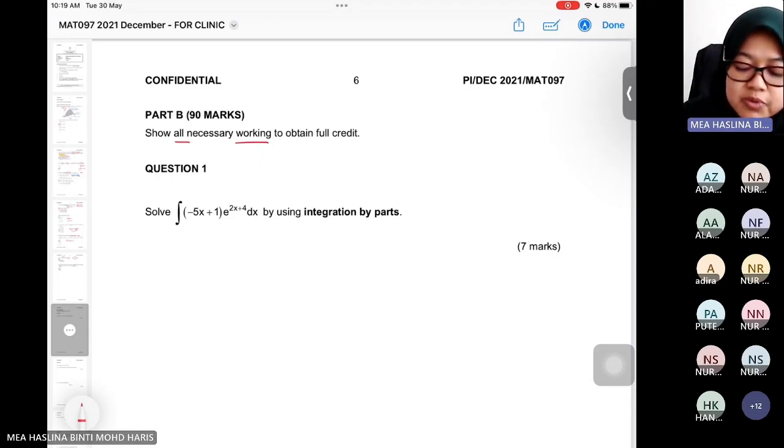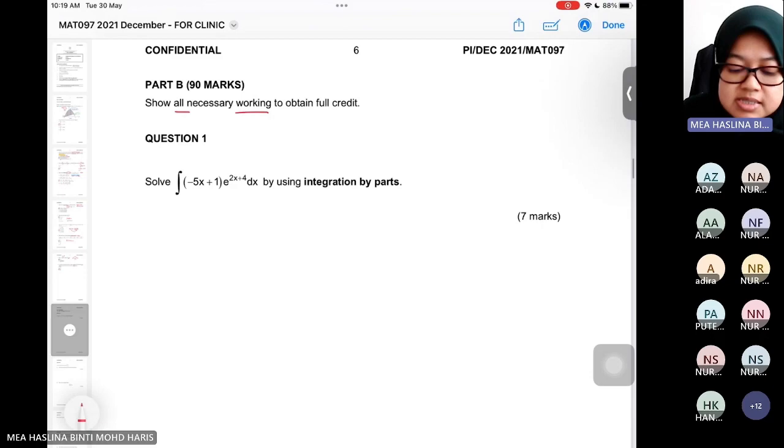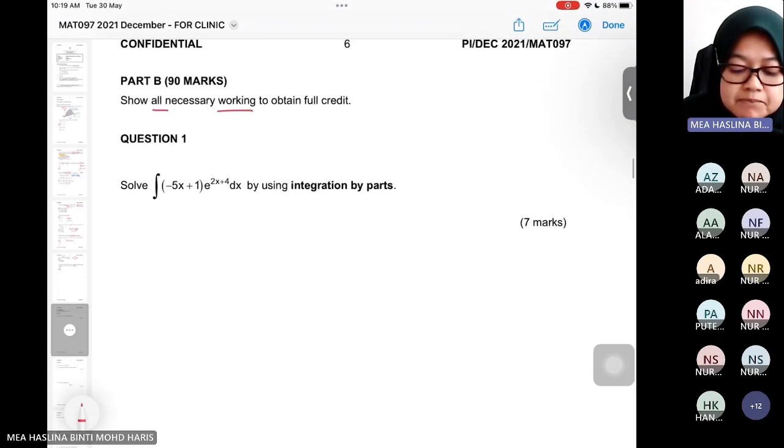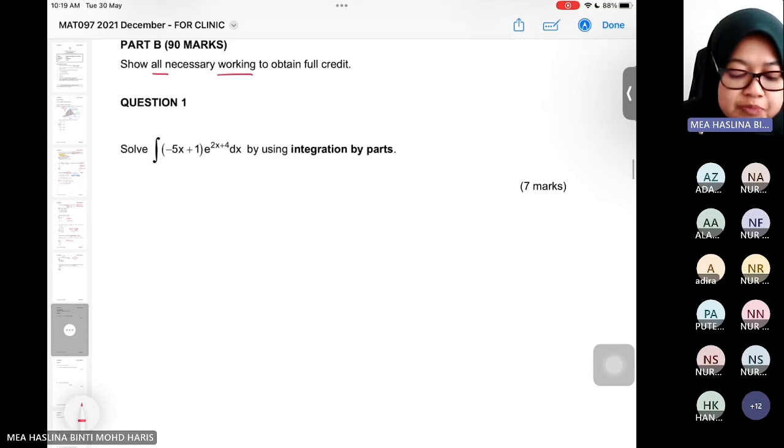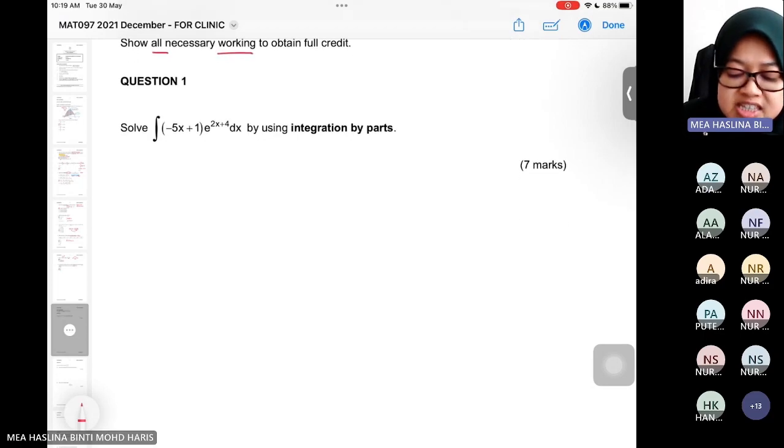You can start with the question that you're confident to answer in your final, but make sure you label the question number.